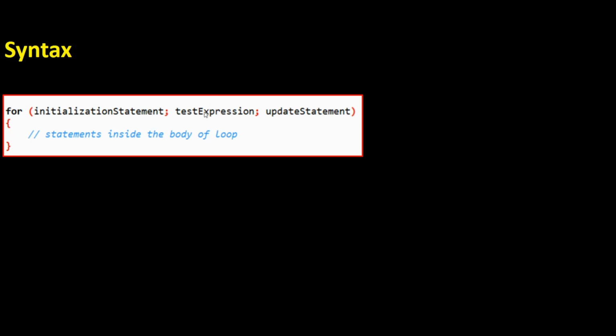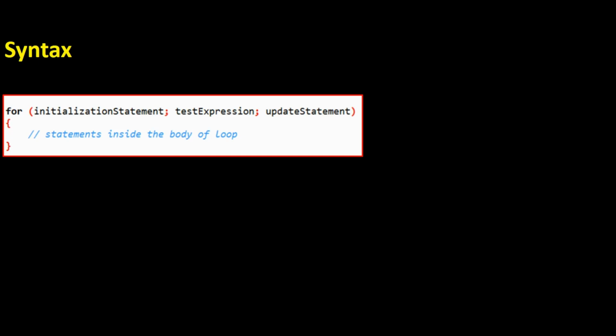If it's false, the statement inside the body of the loop will not be executed and the program will finish if we don't have code after these curly braces. But if we have lines of code after these braces, it will continue. If the test expression is evaluated to true, the statement inside the body of the loop will be executed and the update statement will be applied.